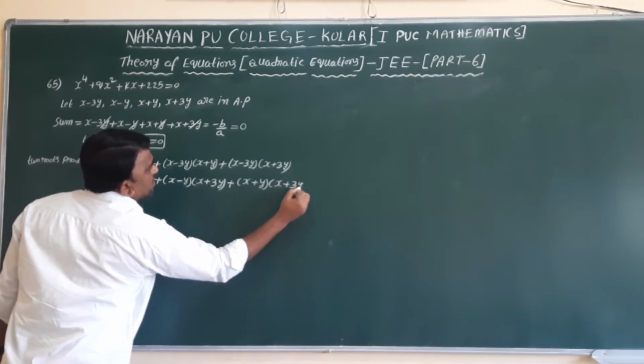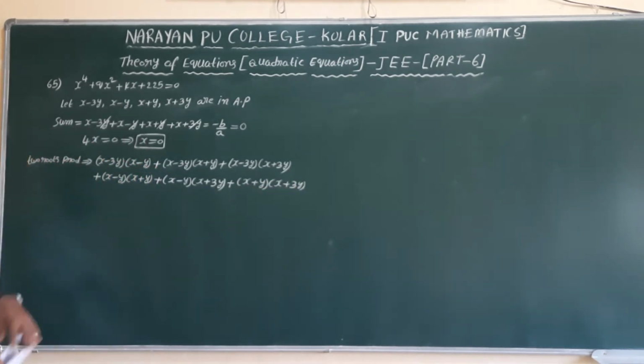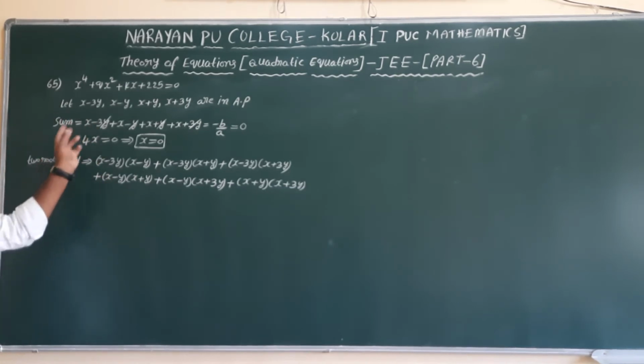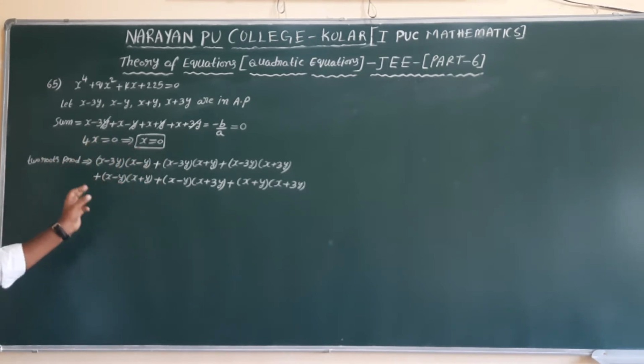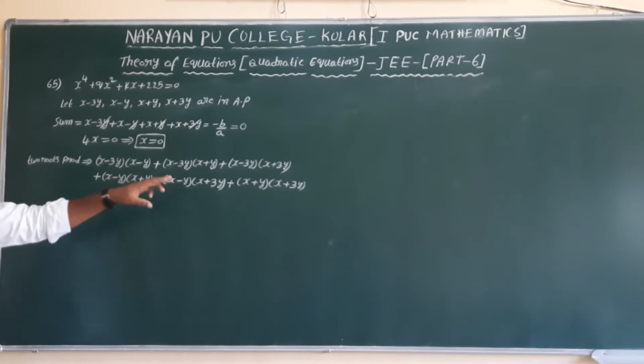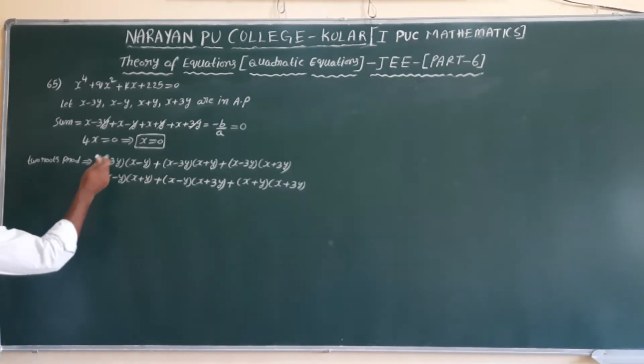How is it? Whenever alpha, beta, gamma, delta are the roots, the two-roots product sum is alpha beta plus alpha gamma plus alpha delta plus beta gamma plus beta delta plus gamma delta. That is the way.